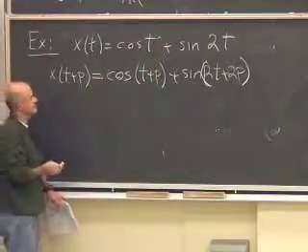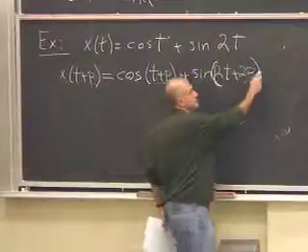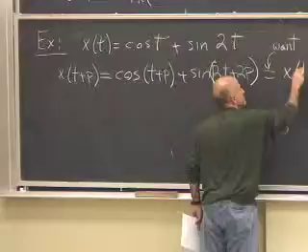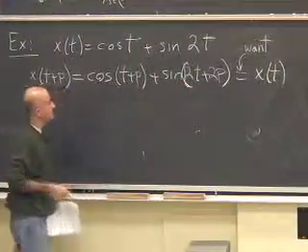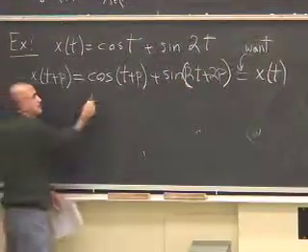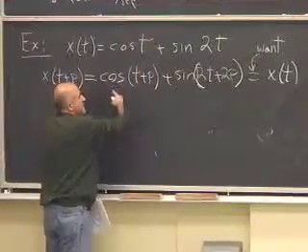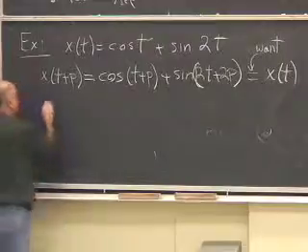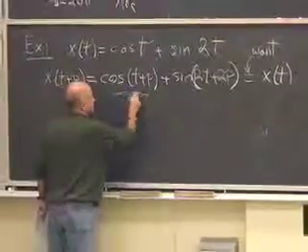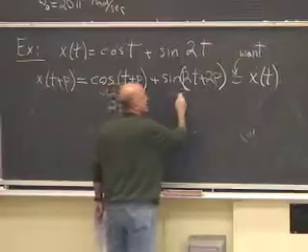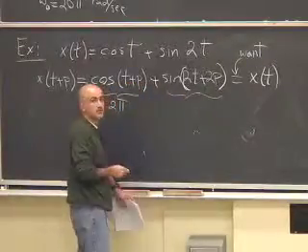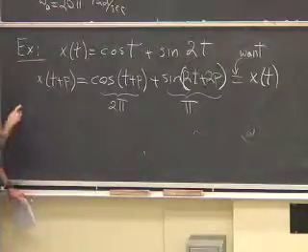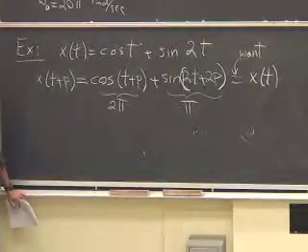So we want this to be equal to x of t. What would this p have to be for the cosine? 2 pi. So 2 pi. And what about for this one? Pi. Can you find the p that satisfies the periodicity for both?